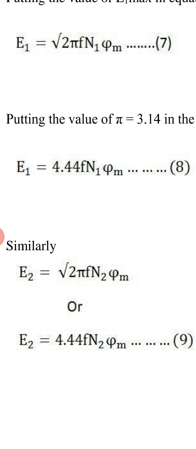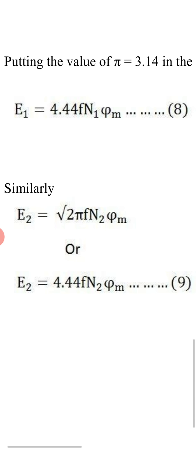So this is the induced EMF in the primary winding, where f is the supply frequency fed to the primary winding, N1 is the number of turns in the primary winding, and phi m is the maximum value of flux in the core. So this is the EMF equation for the primary winding.